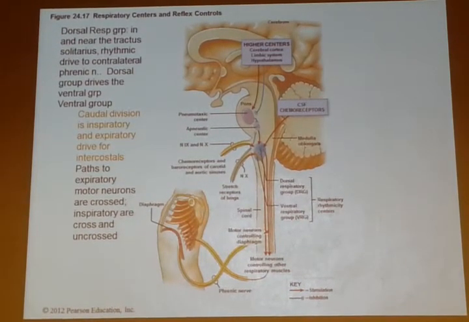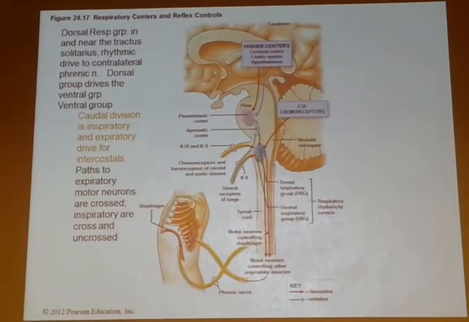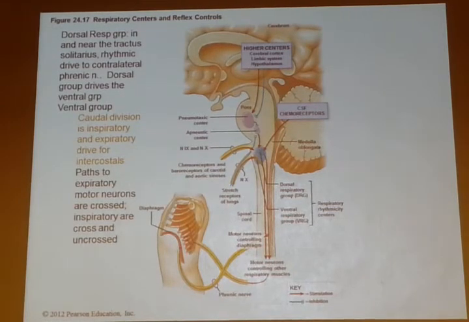So the dorsal respiratory group is located near the tractus solitarius, which is part of our cranial nerve sensory pathways from last semester. It's going to drive the phrenic nerve. The phrenic nerve is, we learned last semester, the nerve that is going to the diaphragm. And when you excite the phrenic nerve, then the diaphragm goes up and down more rapidly.